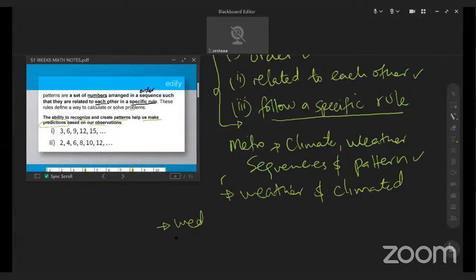That means automatically this other Wednesday it will also rain. Okay, so this is what we use. Who knows any other place or area where we can carry on predictions based on that sequence of numbers?